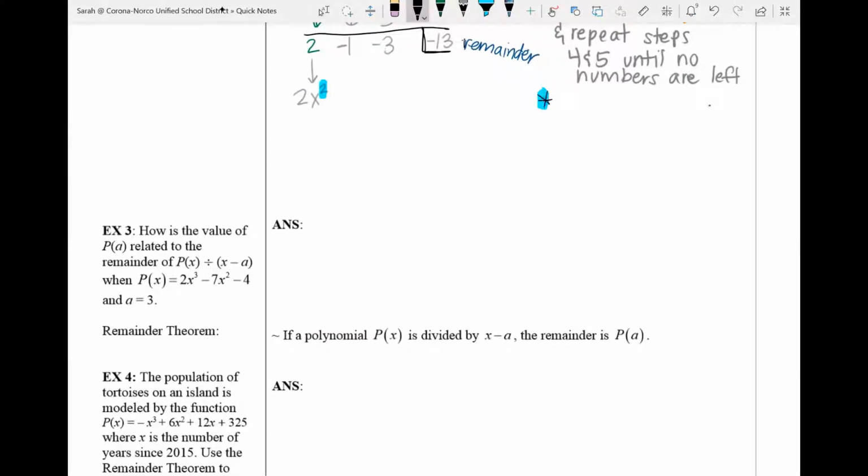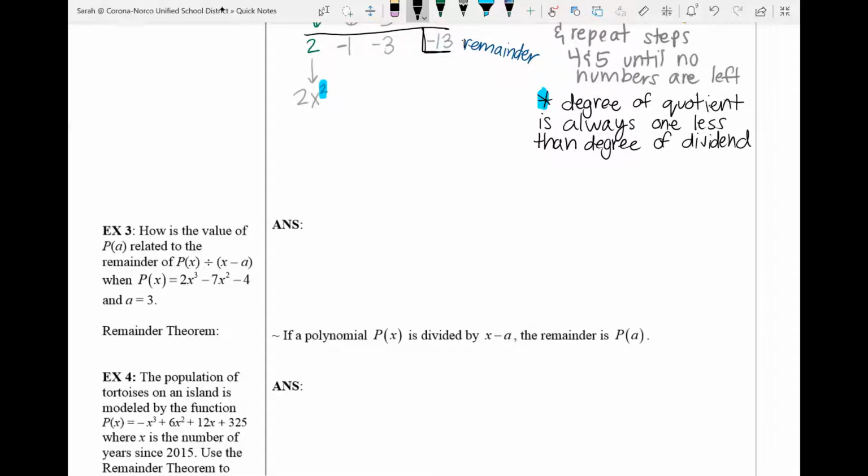So the degree of the quotient is always 1 less than the degree of the dividend, because the divisor is always linear, which means that it has a degree equal to 1.